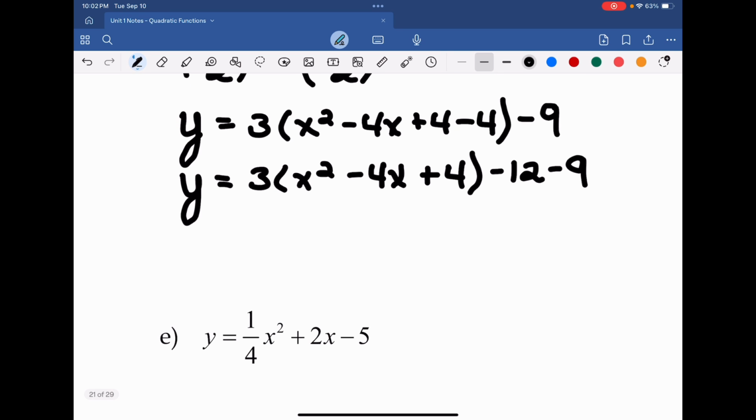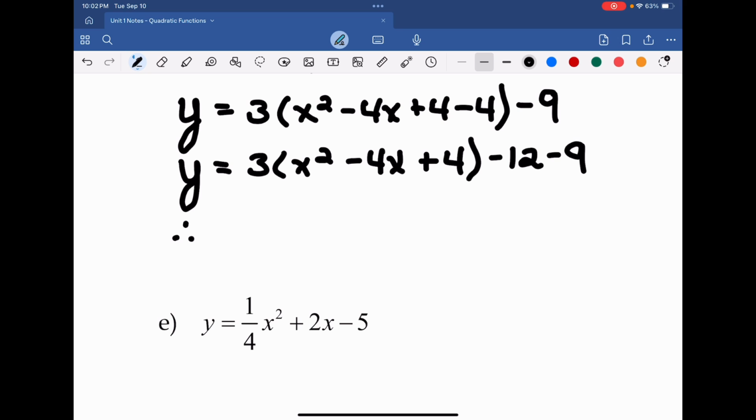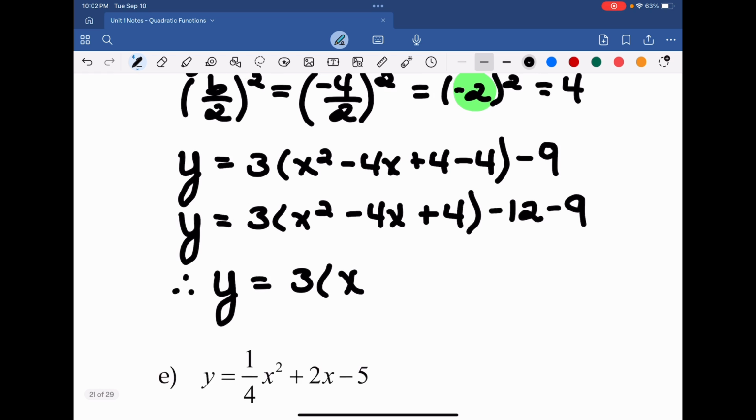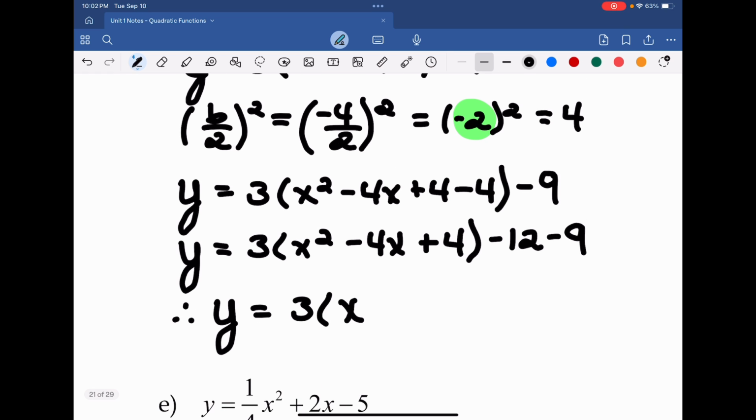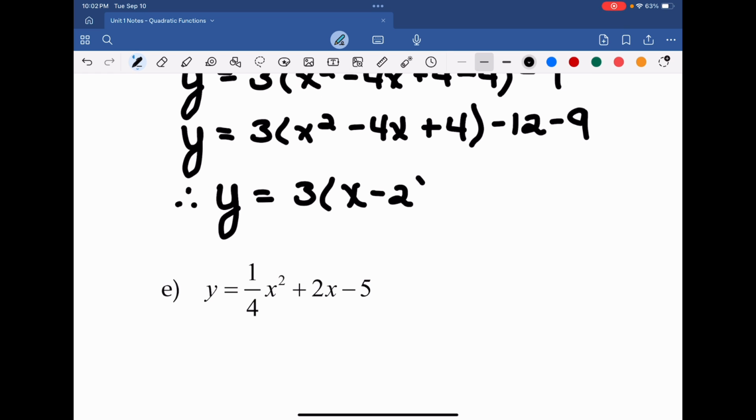And then, once we combine our constants together to finish the solution, it's going to be y is equal to 3 times x minus 2, all squared. How did we determine that? It was our b divided by 2, the negative 2. Negative 12 minus 9 is negative 21. Let's highlight that solution.